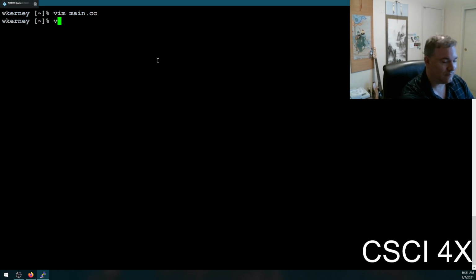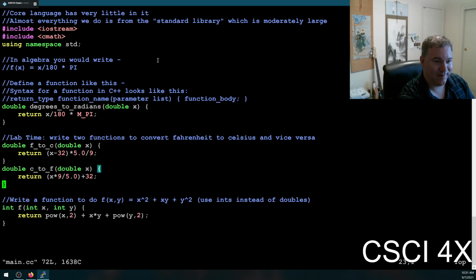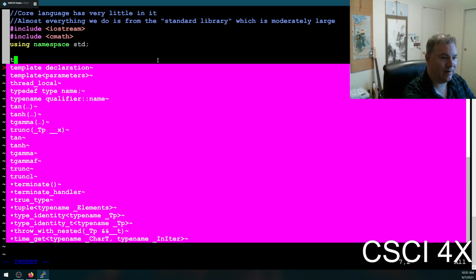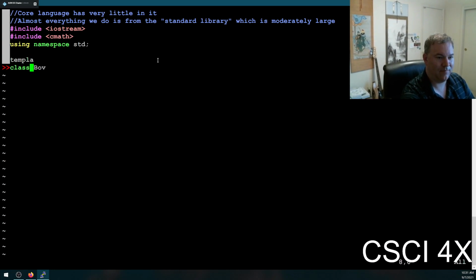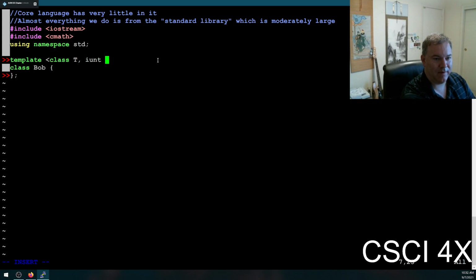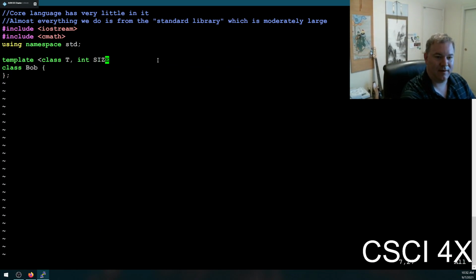The main learning point for today so far is that if you have a class named Bob that takes a template parameter, template class T, int size, then size has to be determinable at compile time.